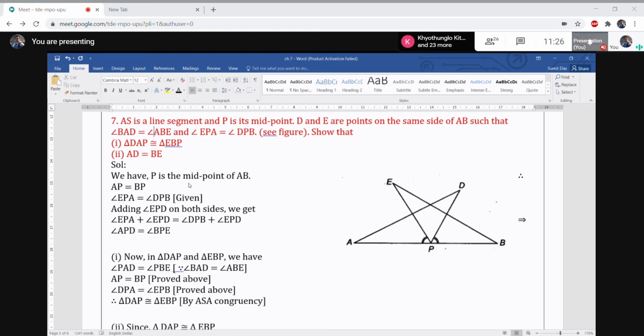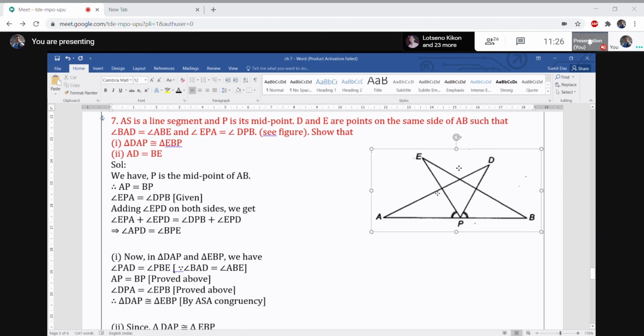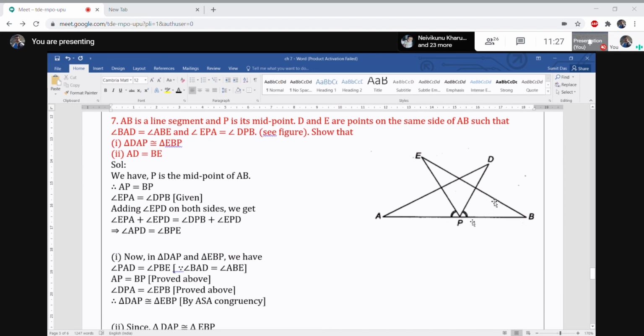Question number 7 is saying, AB is a line segment and P is the midpoint.